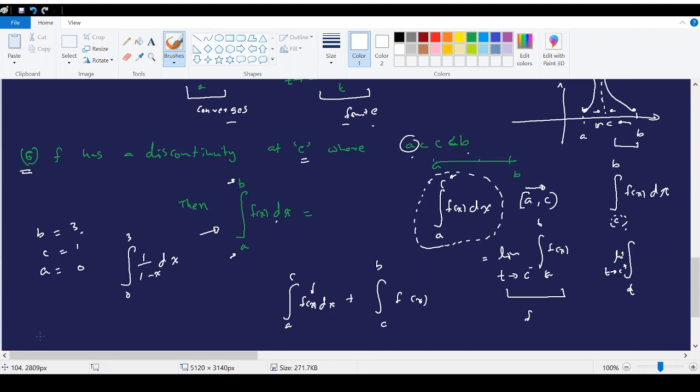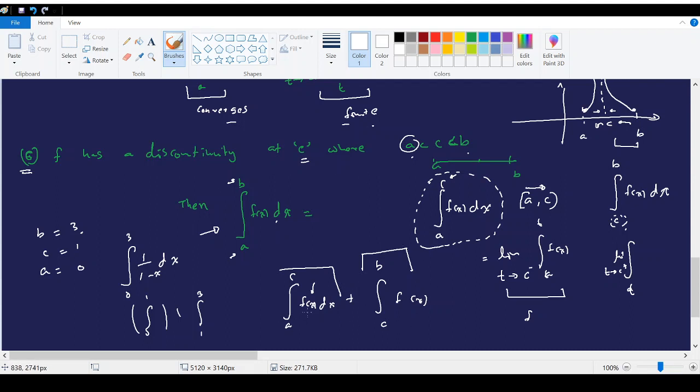That means what we should do is separately compute these two integrals, from 0 to 1 and 1 to 3. We should compute these two integrals separately, and if both of these integrals converge, we can write down the equation by combining the two.